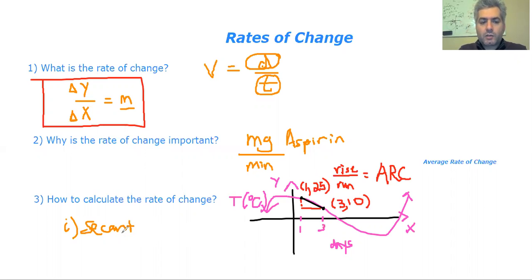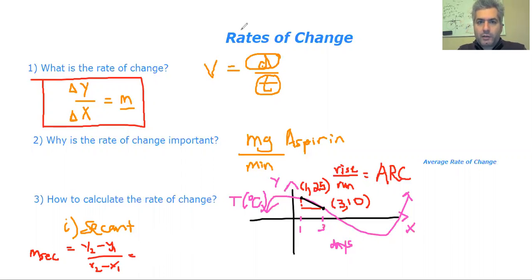To find the slope of the secant, which would give you the average rate of change, you just write here m_sec, or slope of the secant. That's an abbreviation. And you can follow the formula. The rise over the run is the change in y, the change in the y coordinate. So y2 minus y1 over the change in the x coordinate. So x2 minus x1. So the far right minus the far left.